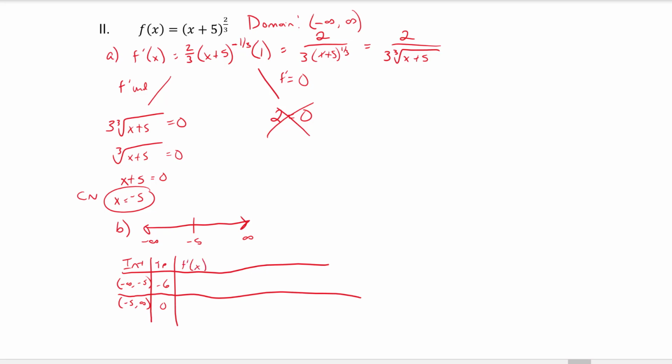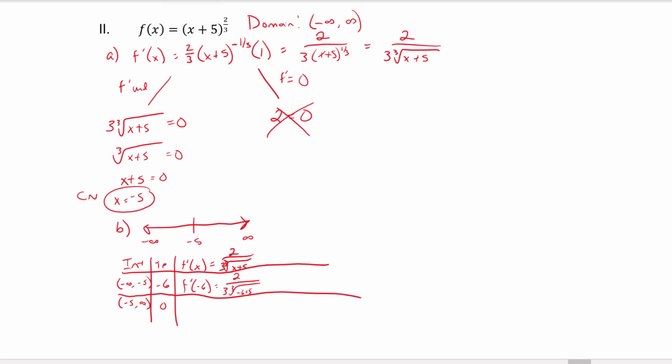So remember, f prime of x is 2 over 3 cube root of (x plus 5). So f prime of -6 is 2 over 3 cube root of (-6 plus 5).